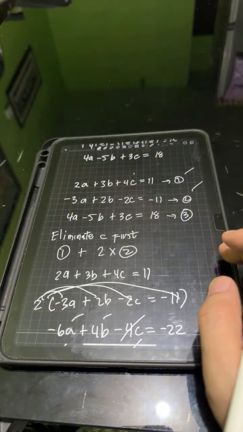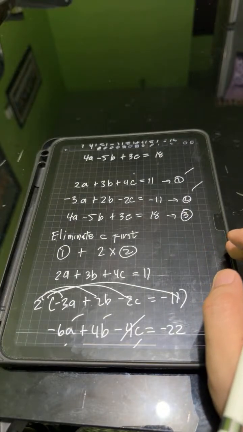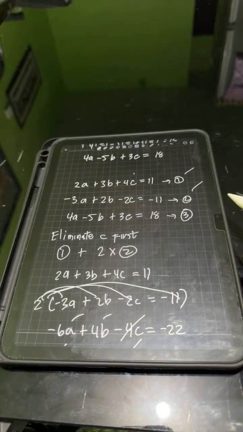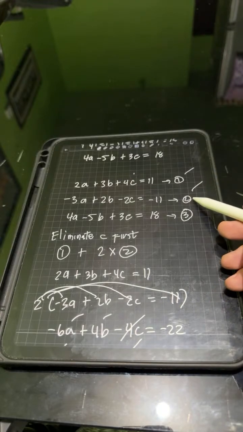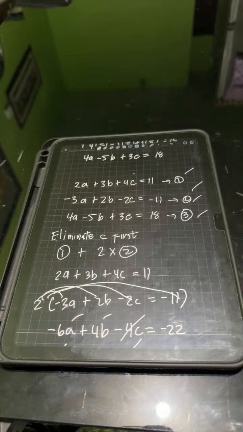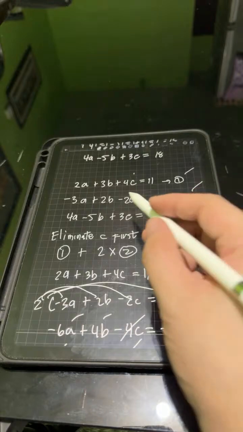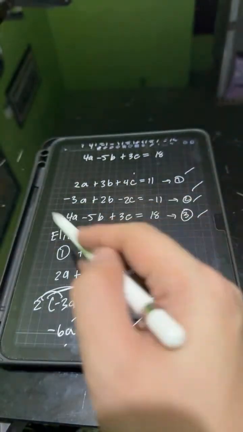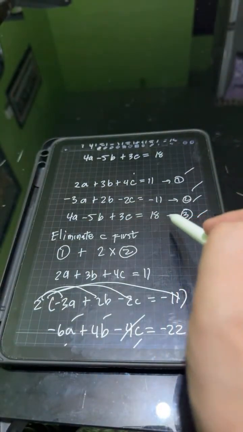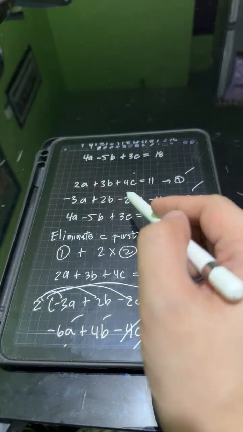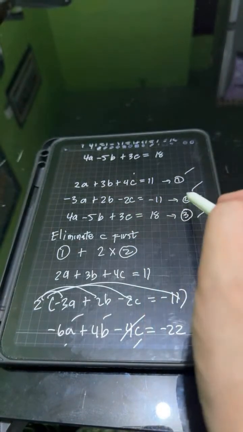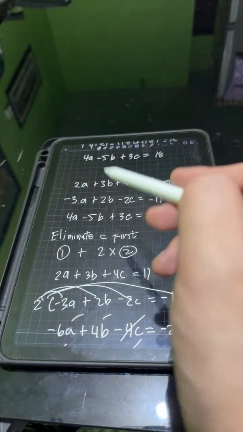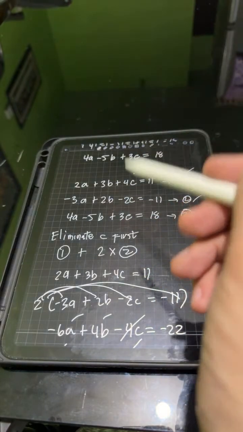Next, we need to eliminate c again, this time by using equations 2 and 3. We can multiply equation 2 by 3 and equation 3 by 2 so that the coefficients of c in equations 2 and 3 are additive inverses of each other, which are negative 6 and positive 6.